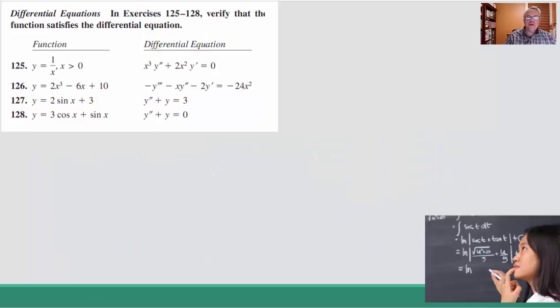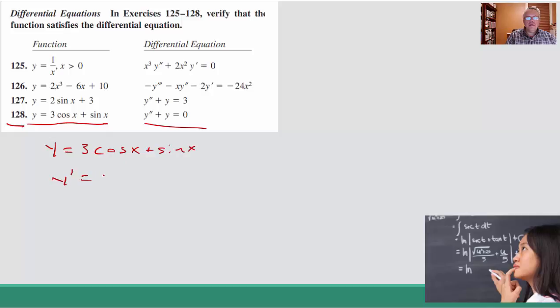All right, let's try another example of that. Let's try number 128. So here's the function, and we want to show that the second derivative plus the original function equals 0. So the function was 3 cosine x plus sine of x.